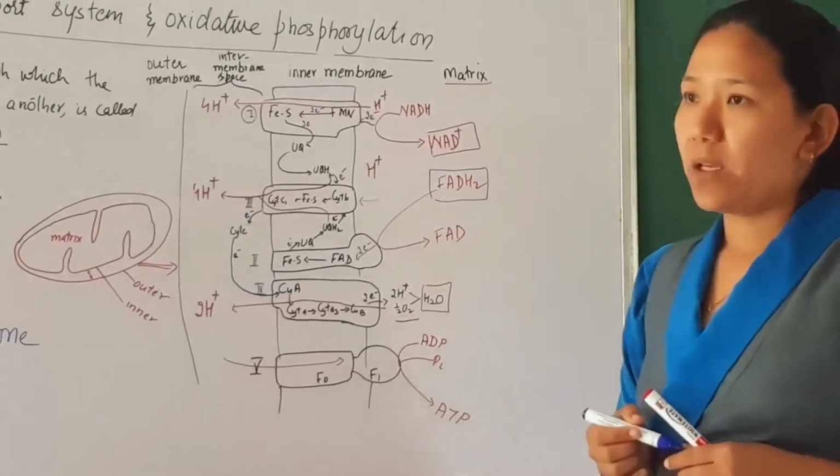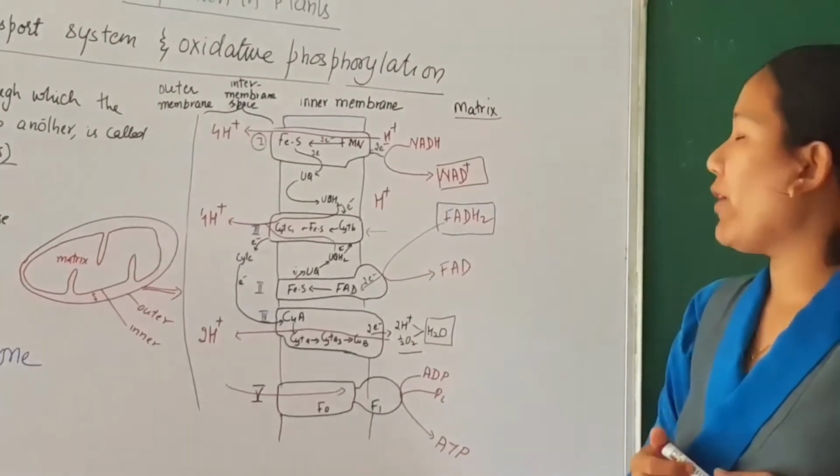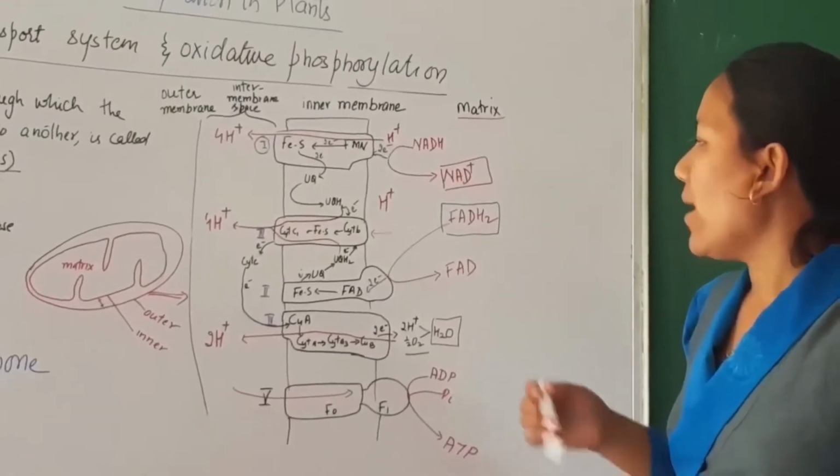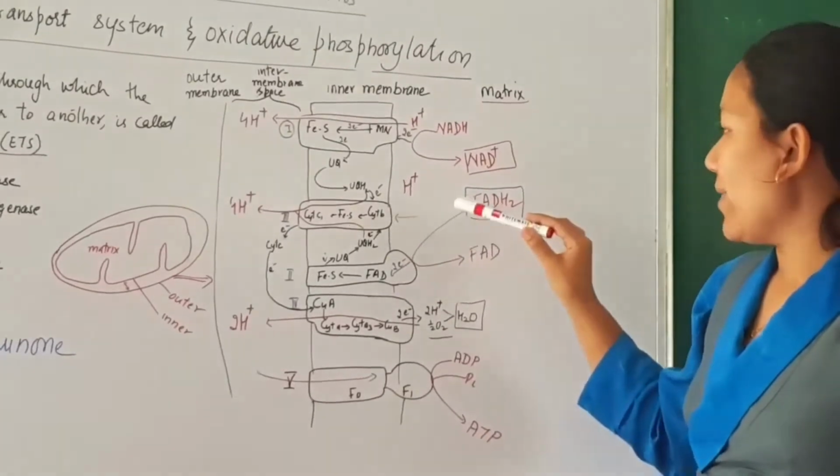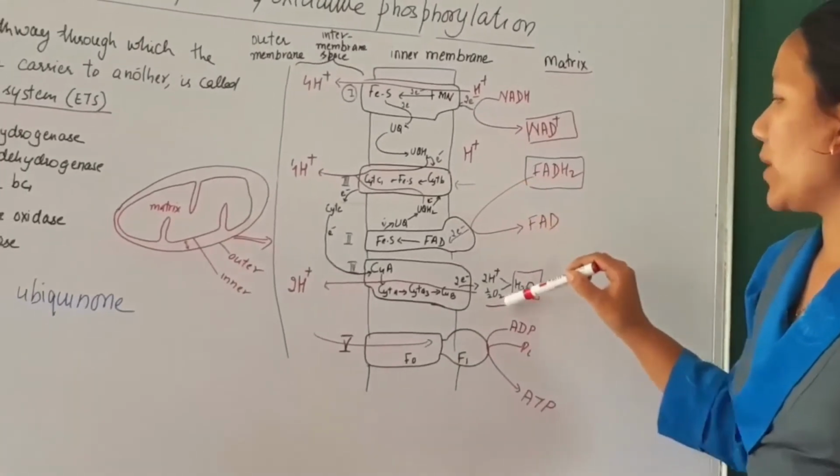So when FADH2 is the source of electron, or FADH2 undergoes oxidation, there are only 2 places where protons are pumped, that is complex number 3 and complex number 4.